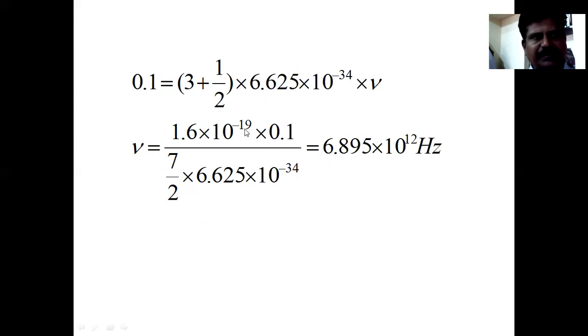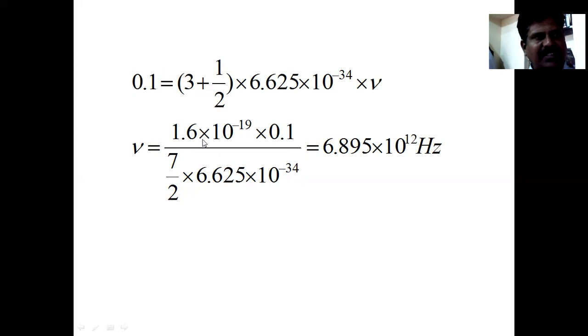So 1.6 into 10 to the minus 19 into 0.1, divided by 7 by 2 into 6.625 into 10 to the power minus 34.